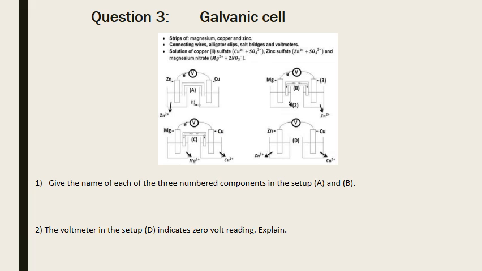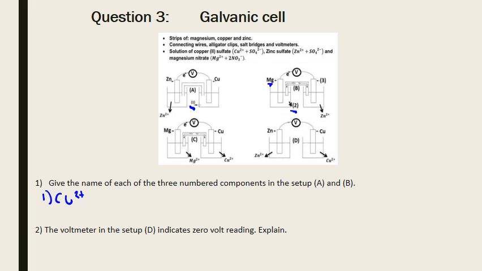Question 3 is about the galvanic cell. It says give the name of each of the 3 numbered components and then set up A and B. So here's number 1. Here we have Cu, so the solution must be Cu2 plus. Here we've got number 2.